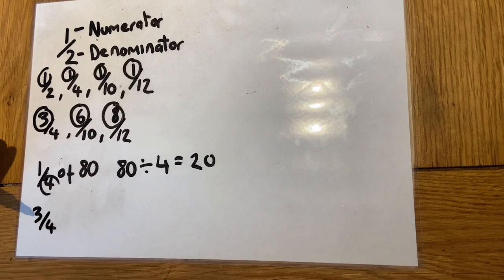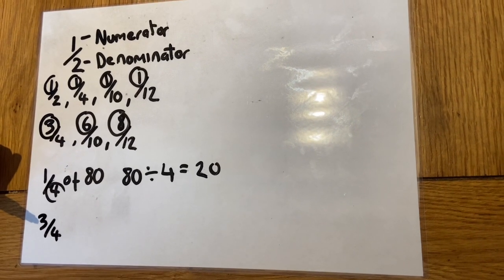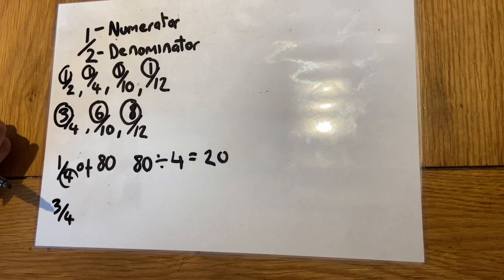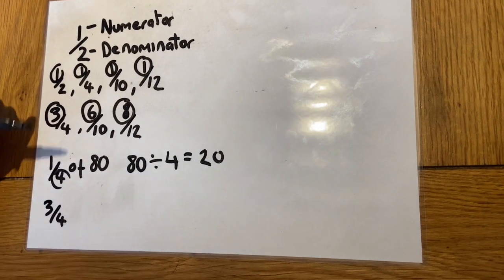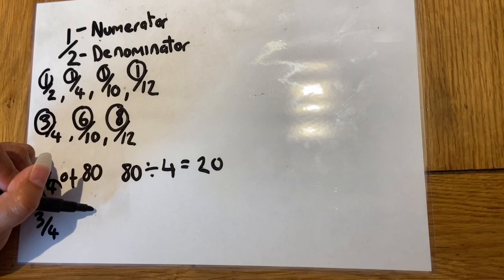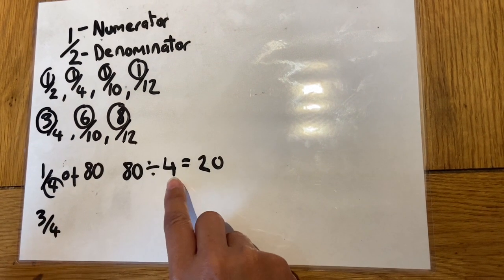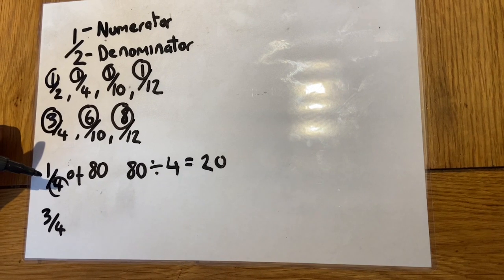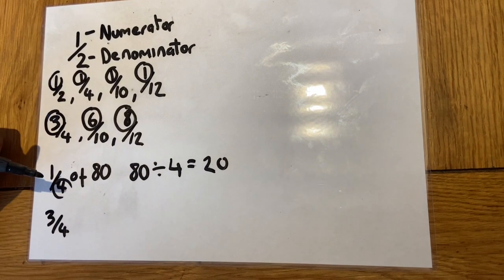So, to find the equivalent percentage of a non-unit fraction, like for instance 3/4, we do the same as we did for a unit fraction, firstly dividing by the denominator, once again the bottom number. So we've got 80 divided by 4 is 20. We then times the numerator, the top number.